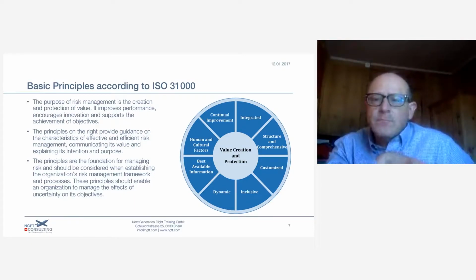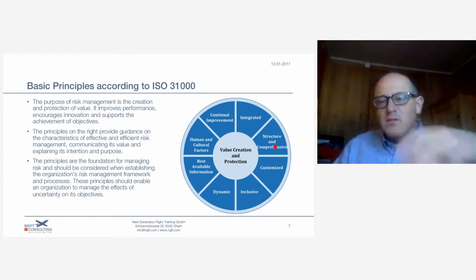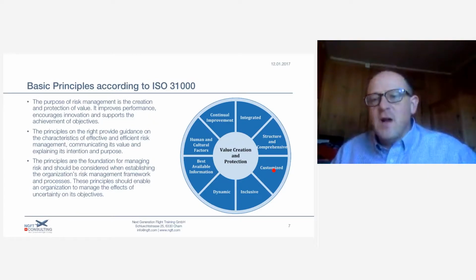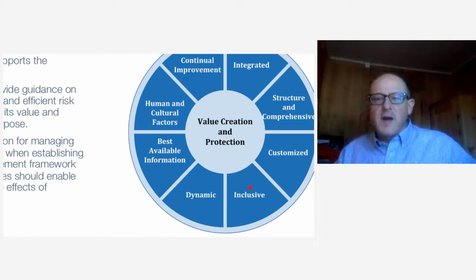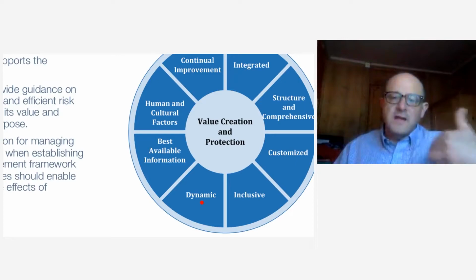Okay. Now, when you look at this, the right side here, you can see a safety management system or a hazard and risk analysis. It's basically based on these areas. It's integrated, it's structured and comprehensive, it's customized to what we do. It includes all the different areas. It's dynamic in a way that it can adapt.